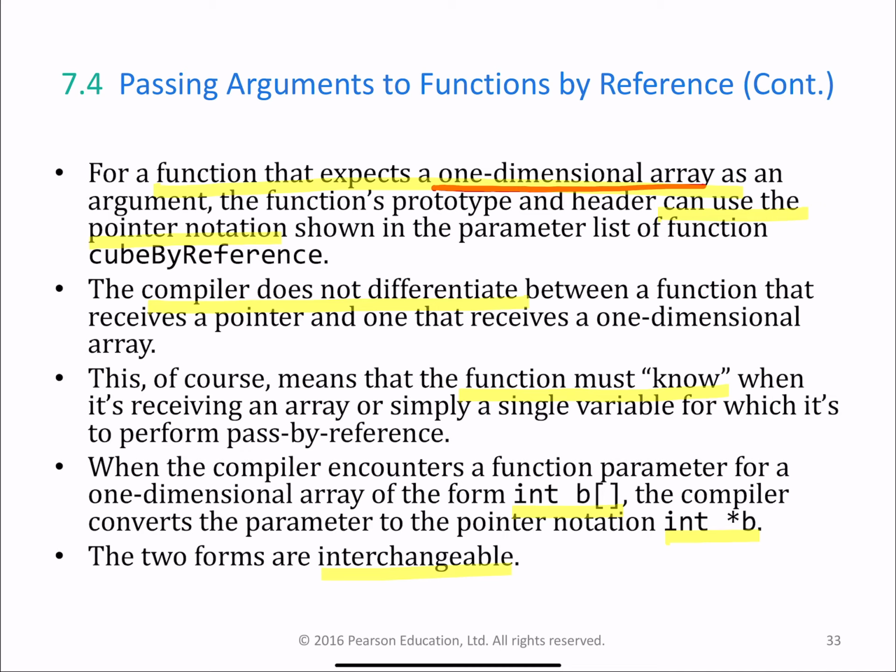So compilers do not differentiate between functions that receive a pointer or a one-dimensional array. Of course, you the programmer must know whether the argument the function is receiving is an array or a single variable. But from the compiler's point of view, whether you have this as an argument or this as an argument, they're both the same. You could even exchange one for the other.